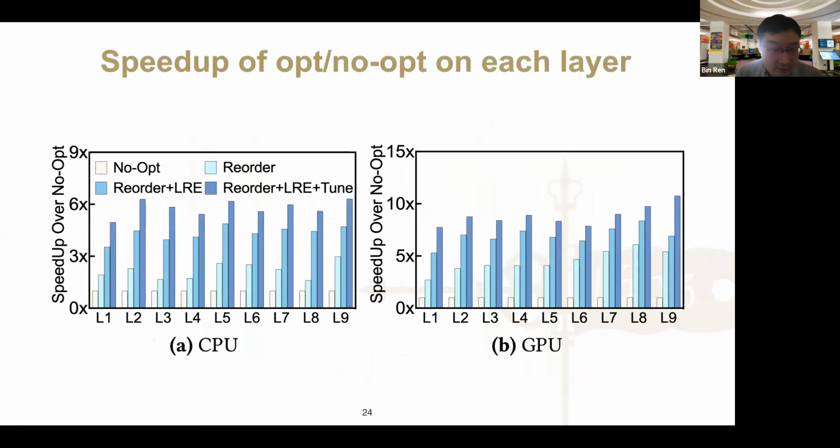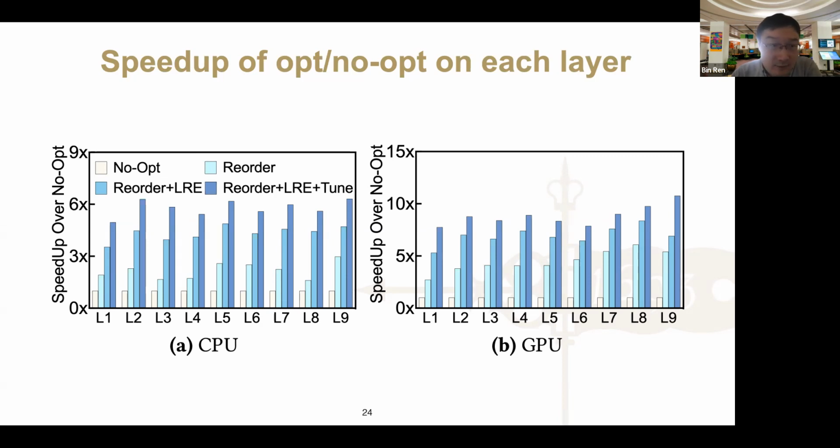Let's look at more details about the optimizations in PyDNN. Especially, let's look at the impact of these optimizations on the performance. In this figure, we do a breakdown study on multiple layers of VGG16. The y-axis shows different kinds of layers, and the x-axis shows speedup over the non-optimized version.